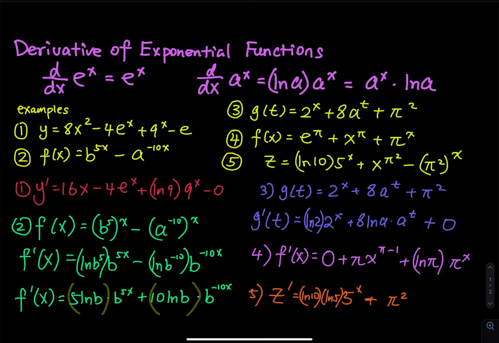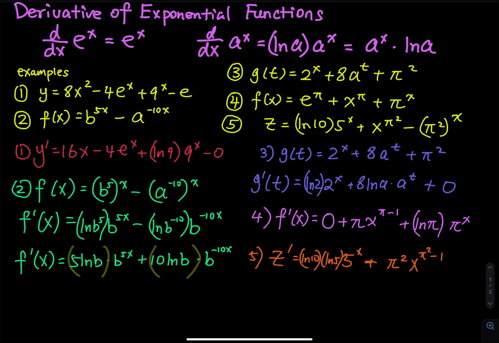We did a similar one before. Yeah, right here, number 4. We brought the pi down, and then pi minus 1. So this time you bring the pi over 2 down, and then x to the pi over 2 minus 1.